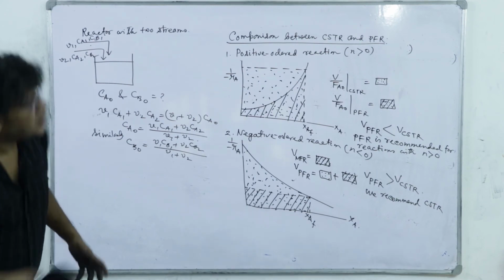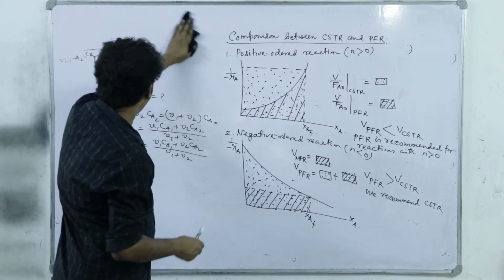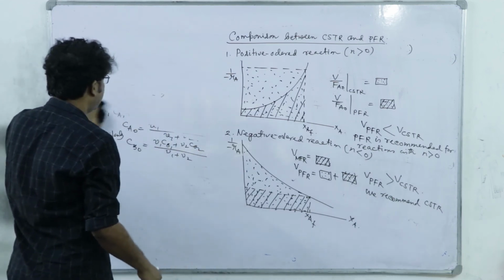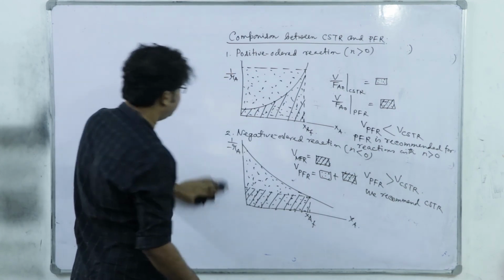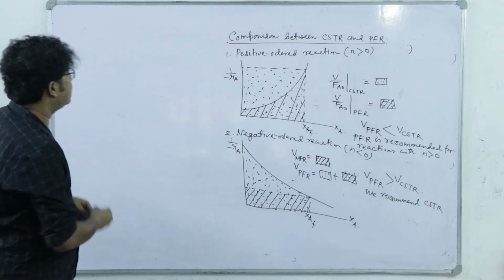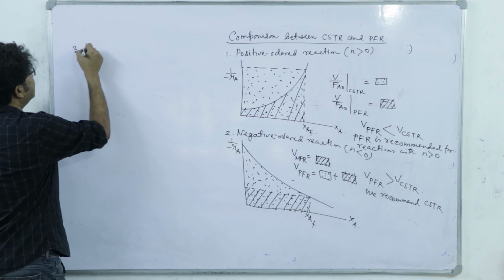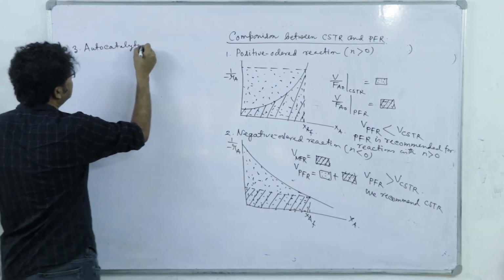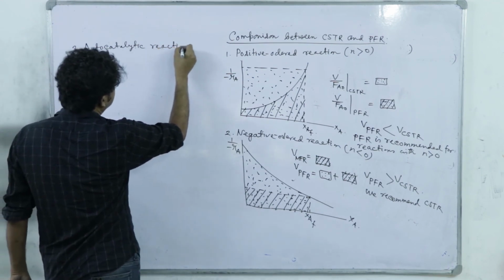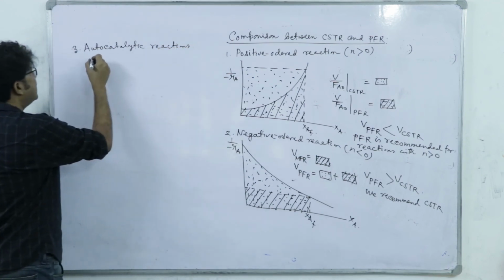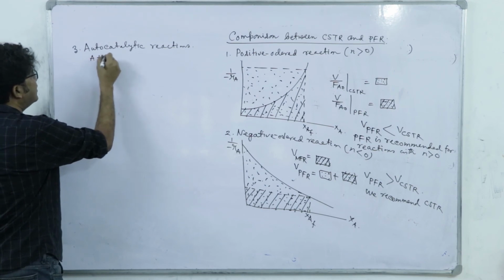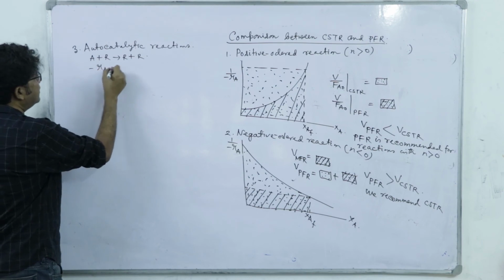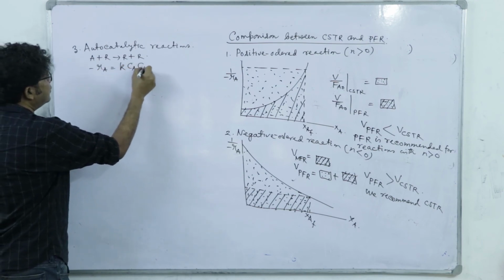Now things are not so universal and clear for systems where we have a non-monotonic profile of 1 by minus Ra versus Xa. So third, and that happens for autocatalytic reactions. Now you see A plus R giving R plus R. So minus Ra is equal to K into Ca into Cr.